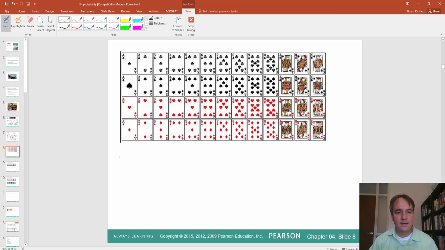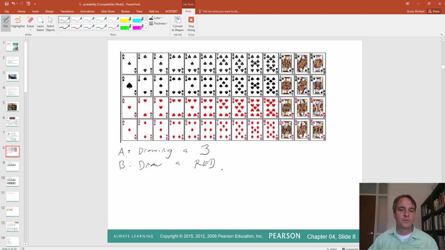So let's say event A we'll define, and let's use colons so we don't get into problems here, as from a shuffled deck, drawing a 3. Okay, and event B from a shuffled deck is drawing a red card.